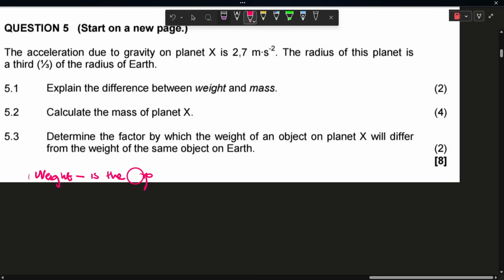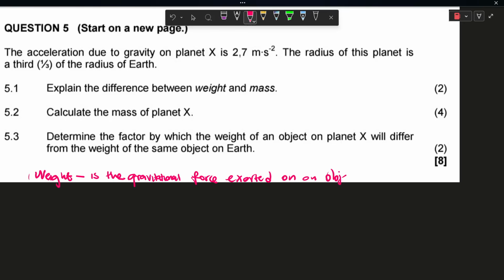Weight is the gravitational force exerted on an object by the Earth. By the what? By the Earth. That is weight.